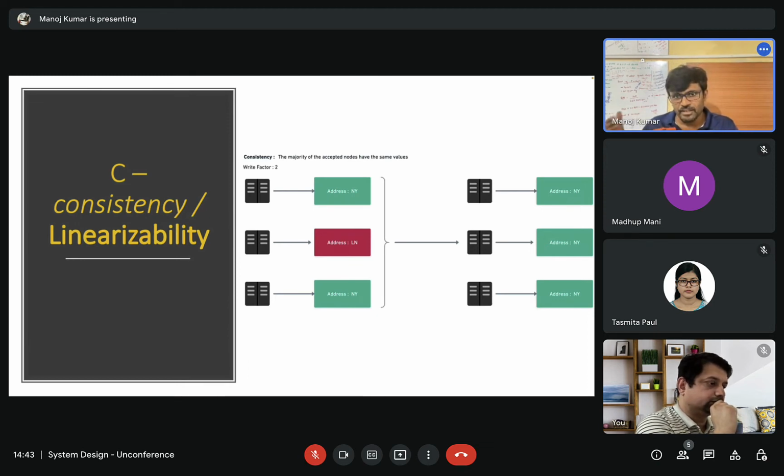Say a person writes in New York, but in London it does not get updated. Someone reads the data from London, and he would see an older state of the data even though you say consistency. That's the problem here, and it happens because of the replication lag.